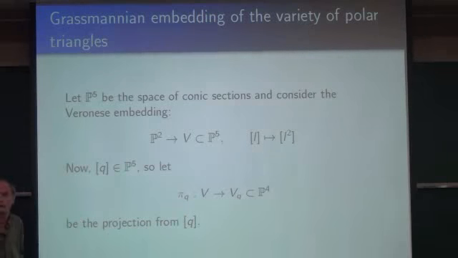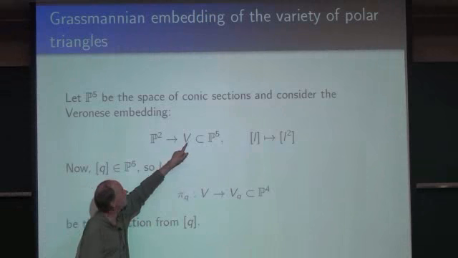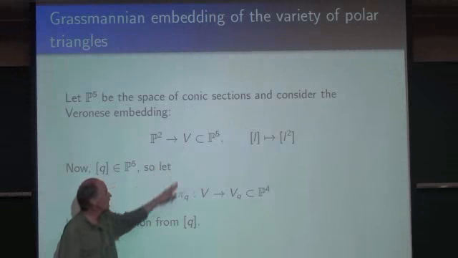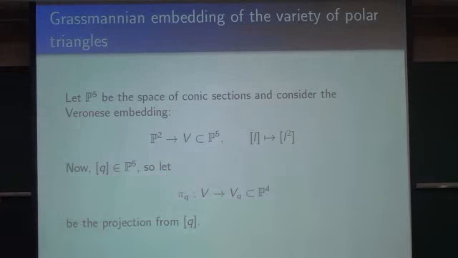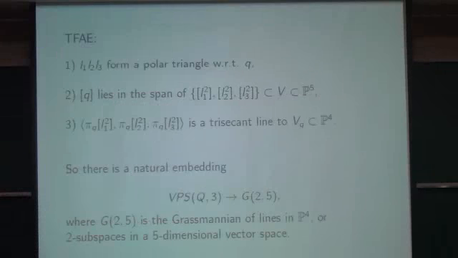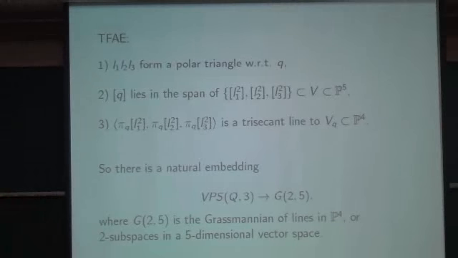So now what I do, I project this Veronese surface of squares down from that point down to a P4. And I'll see what happens. Then the following are equivalent. If I have 3 linear forms, and this upstairs here, if that is a polar triangle, then I know that the little q is the sum of those 3 squares.